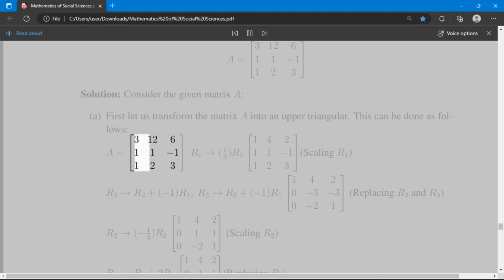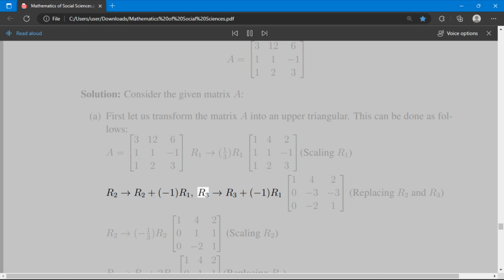A equals 3 12 6 1 1 1 1 2 3. R1 rightward arrow 1/3 R1 gives 1 4 2 1 1 1 1 2 3. Scaling R1.